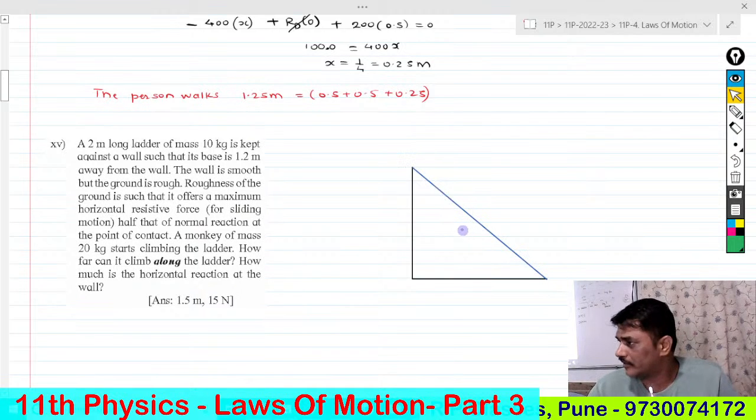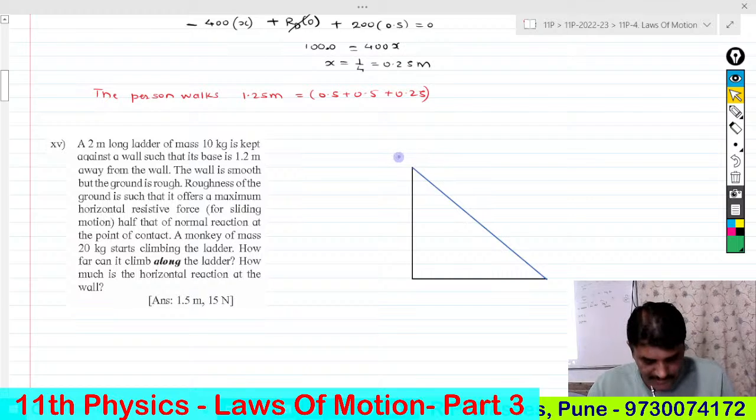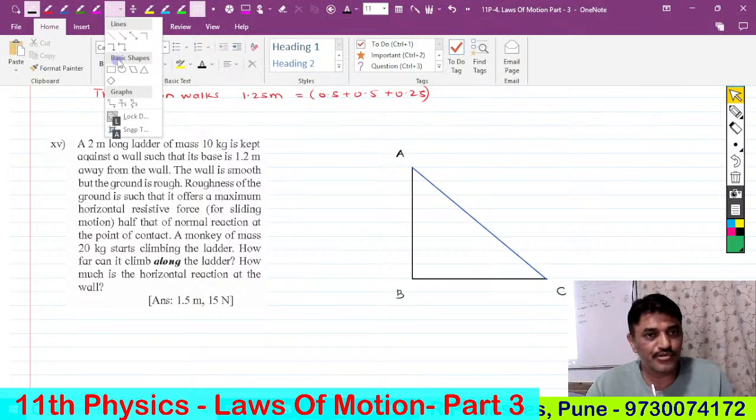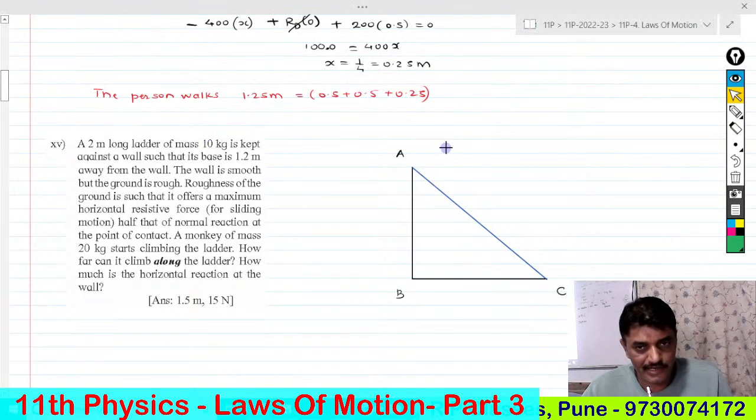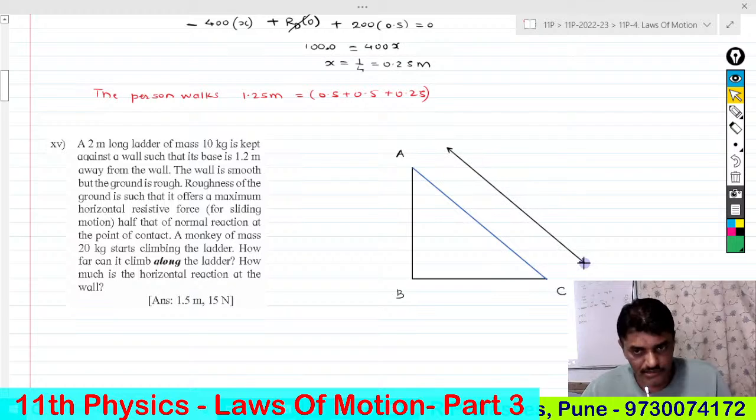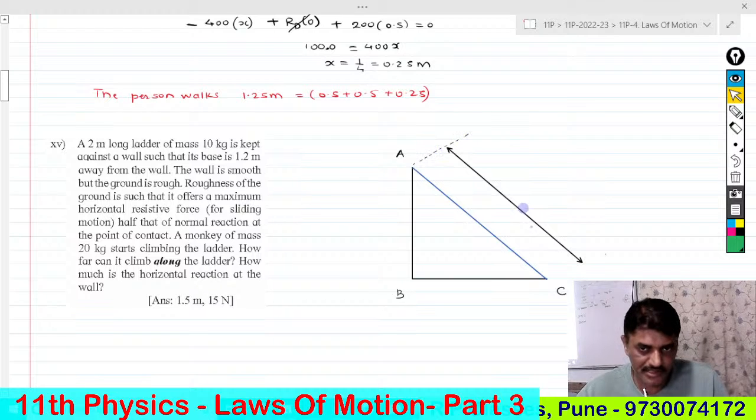Let me say this is point A, this is the base, this is point C. A 2 meter long ladder. I'll show here, this ladder is 2 meter long. I'll be taking the measurements from here.